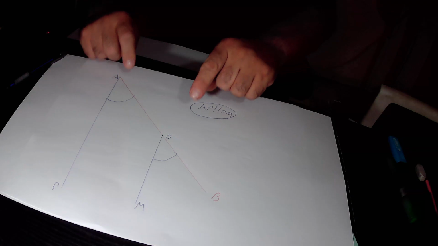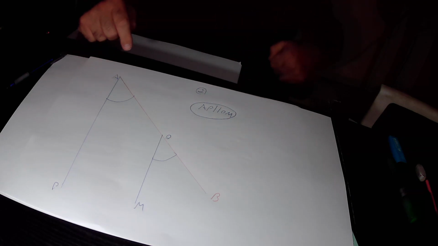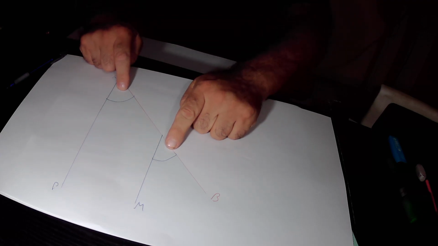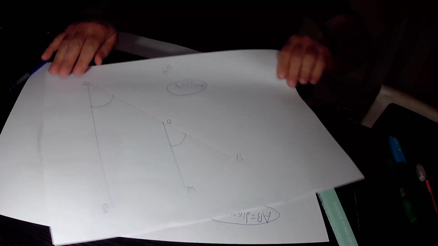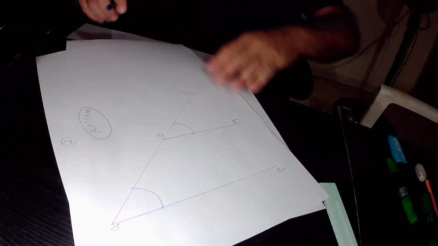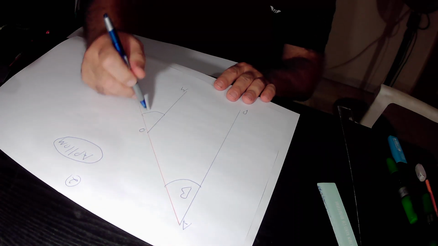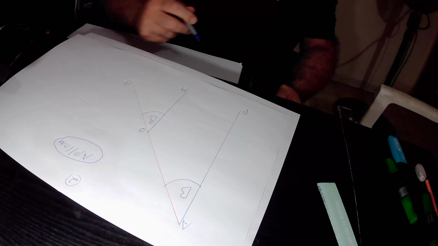We have those two corresponding angles that are located between the parallels AP and OM, and therefore they must be equal to each other in their sizes. So if we define this angle as beta, then this angle must also be equal to beta according to rule 50.